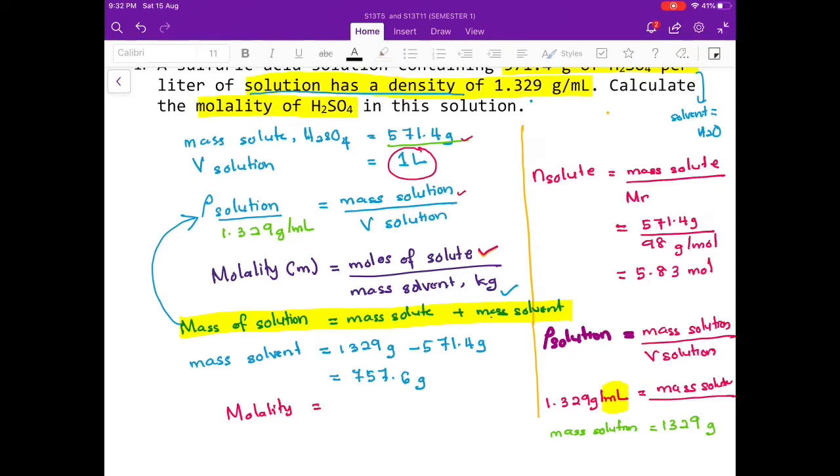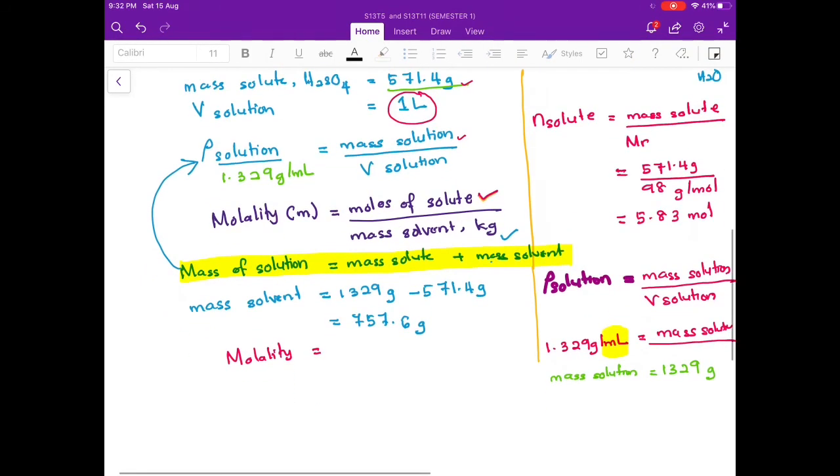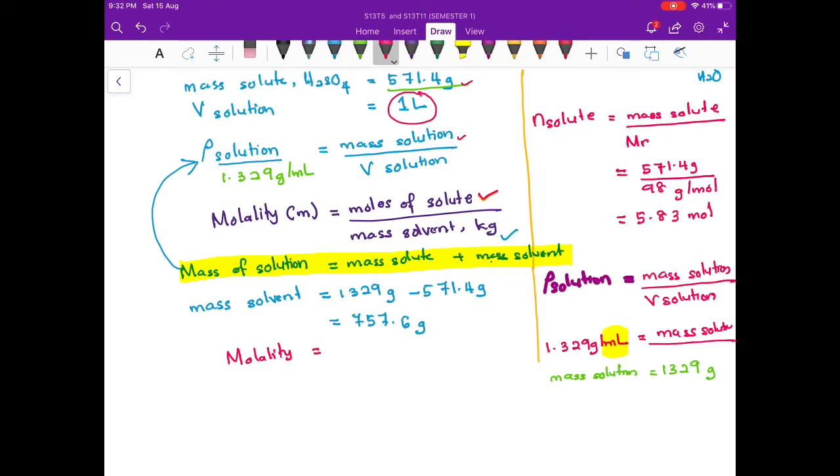It's equal to 5.83 mole divided by, now look at the unit for your mass of solvent. It is in gram, but the formula requires the mass in kilogram.